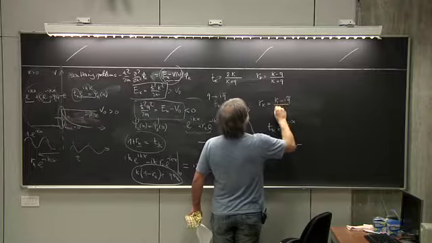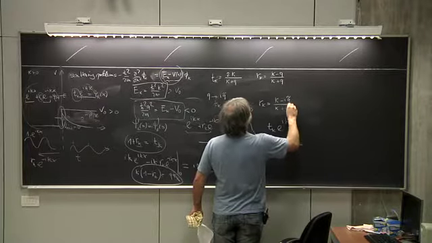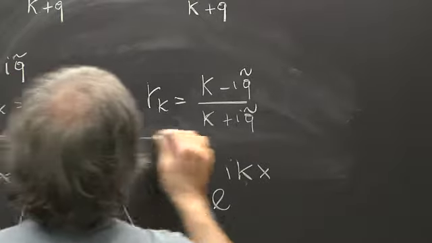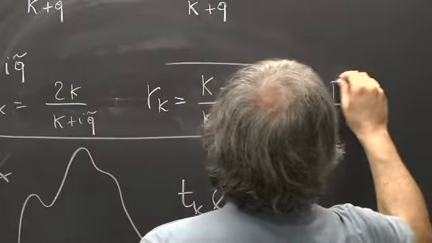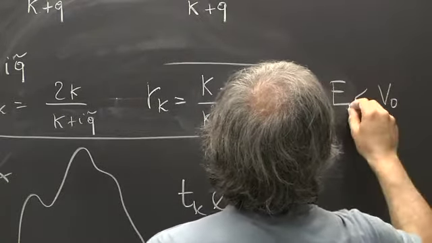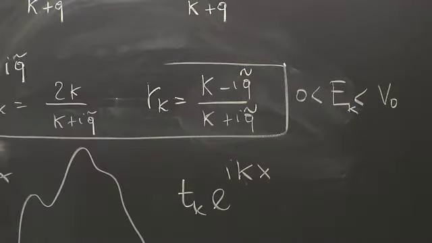Okay, so I write simply now the solution corresponding to E positive, obviously, but less than V0. Once again, you can calculate all the ingredients here.